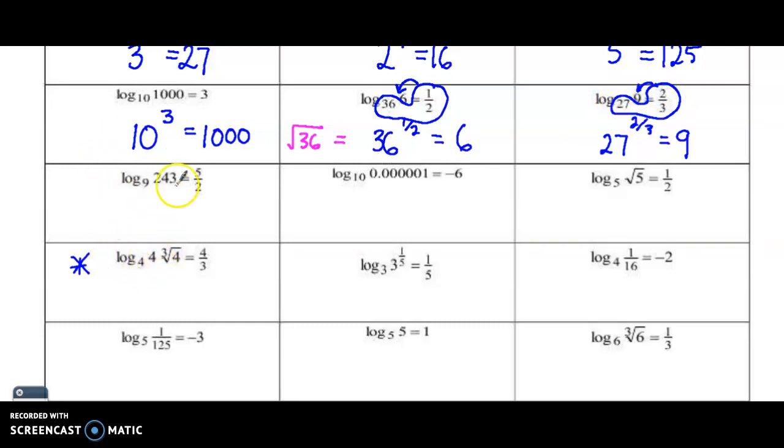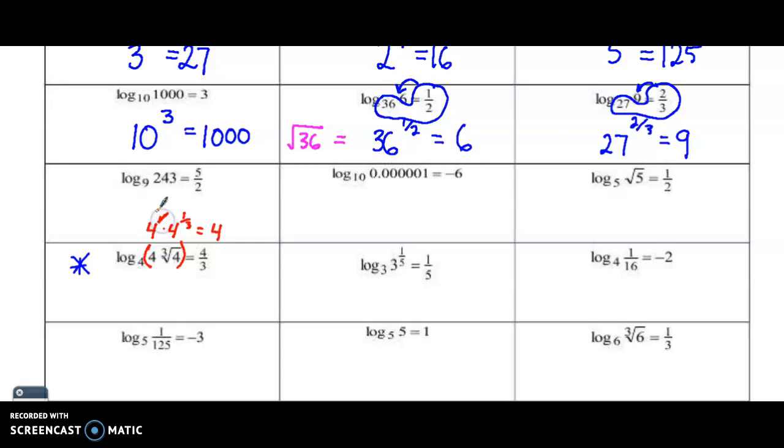The reason why I wanted to talk a little bit more about this one is because what you might want to recognize is that if you look at this quantity, the 4 times the cube root of 4, that's really 4 to the first times 4 to the 1/3 power. Well, if we're multiplying with the same base, remind yourself that you add the exponents.